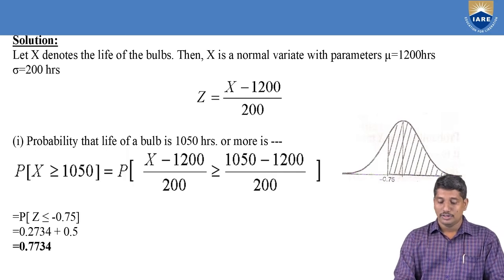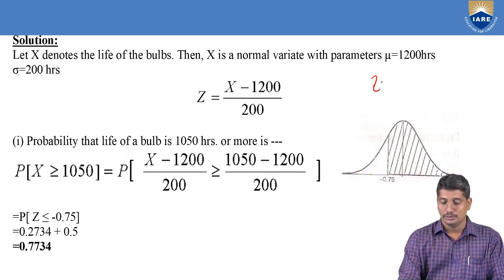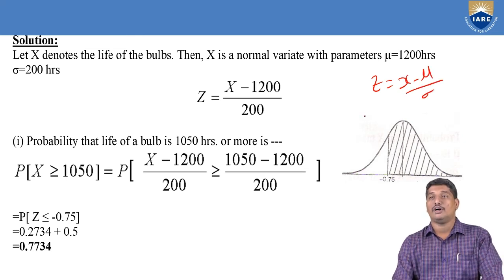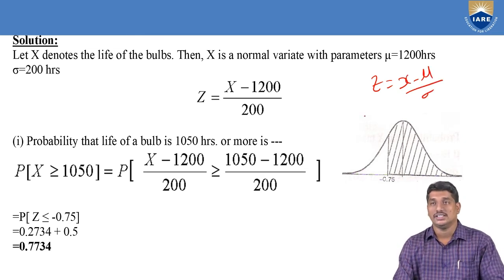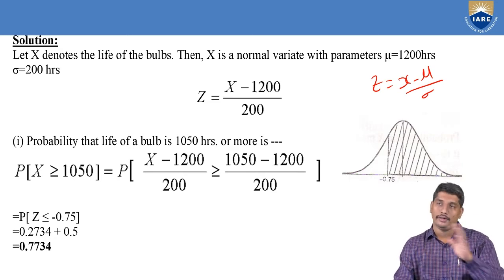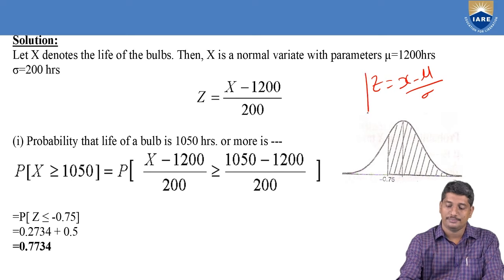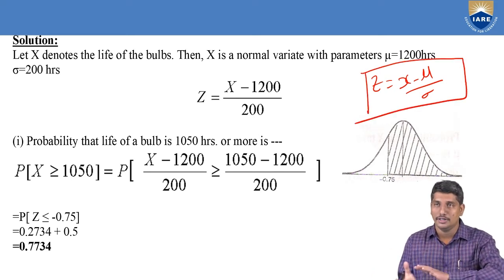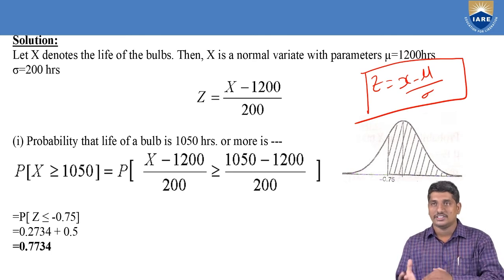So here we are using the formula z is equal to (x minus mu) by sigma. This is the transformation formula from x scale to z scale. That means we'll transform every normal variate into standard normal variate by using this formula. It's like changing centimeters into meters, Fahrenheit into Celsius, or liters into milliliters.